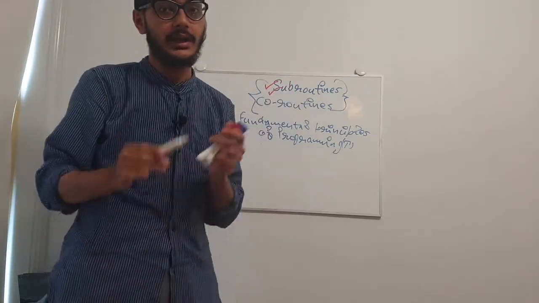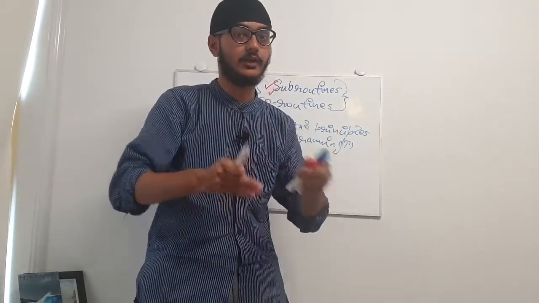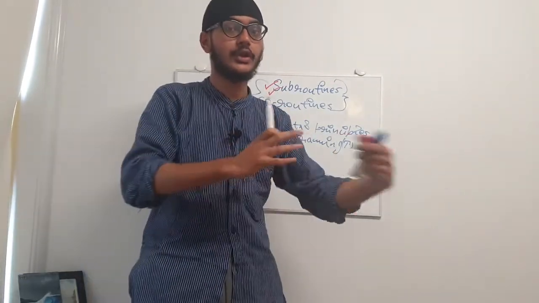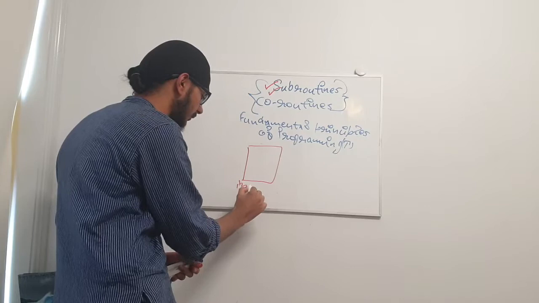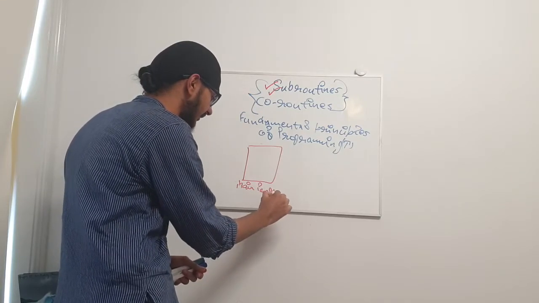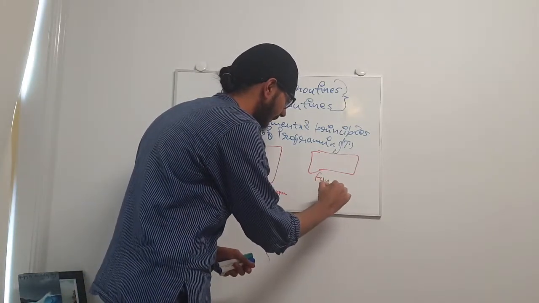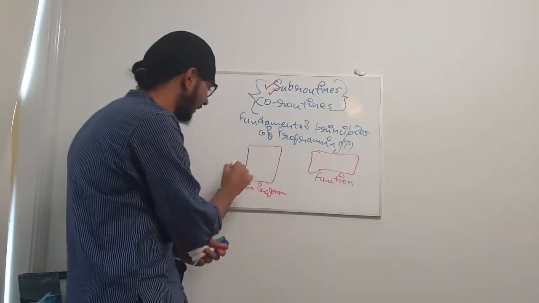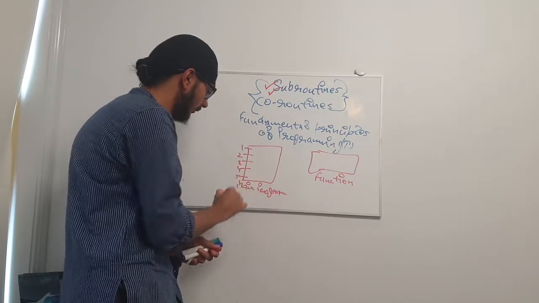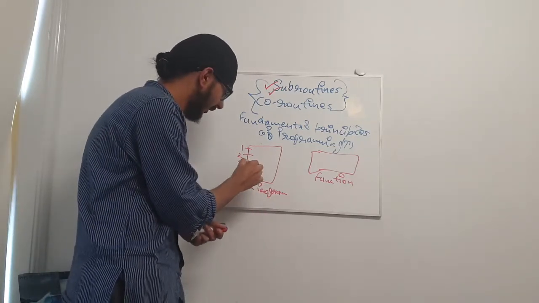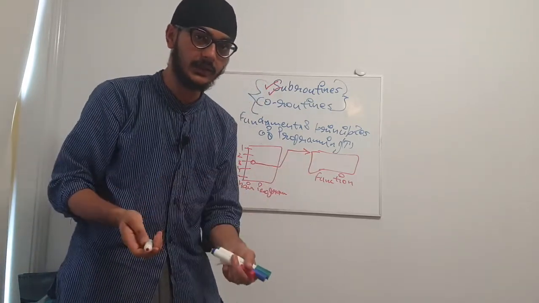If you have done some coding in C++ or C or even Java, there is something called function calling. Here we have our main program, and here is our function. We can give it a name. This main program has 5 lines of code, and from the third line we are calling this function, whatever name we have assigned to it.